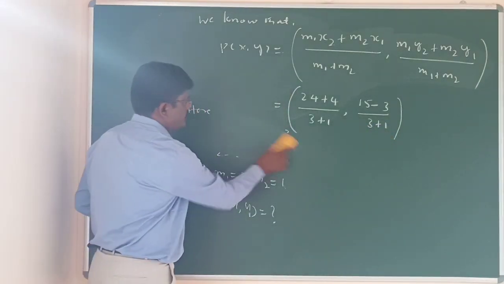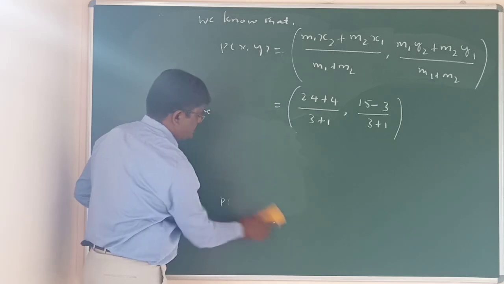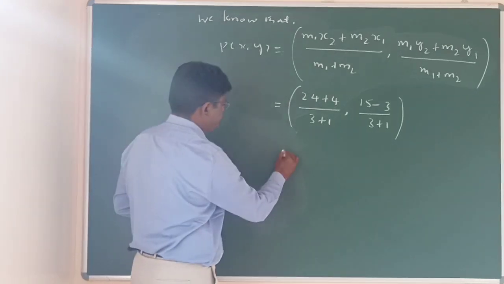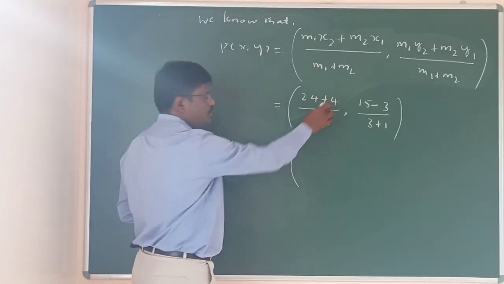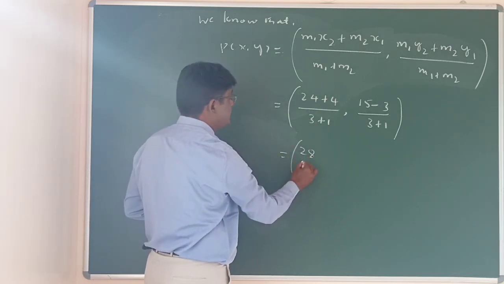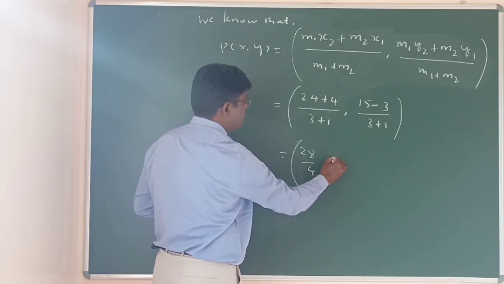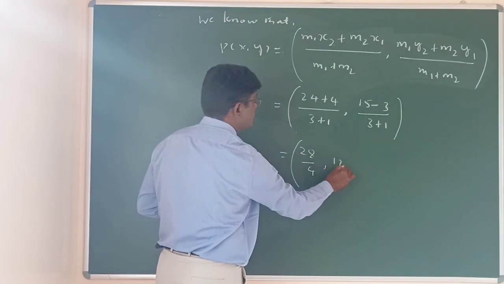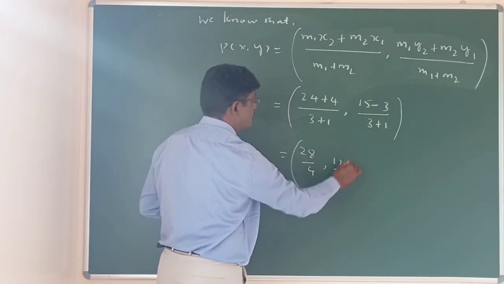We shall simplify in the next step: 24 plus 4 is 28, by 4, comma, 15 minus 3 is 12, by 3 plus 1, which is 4.